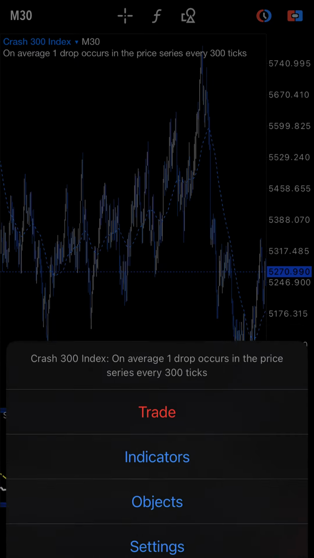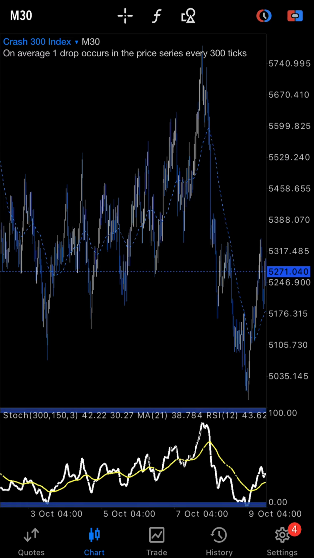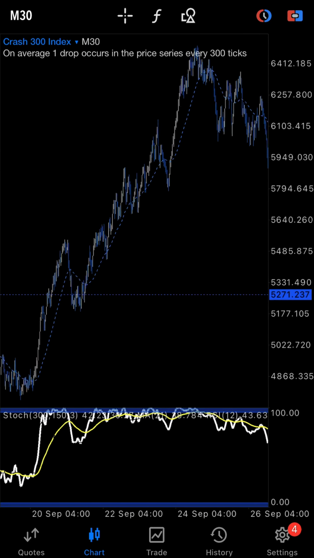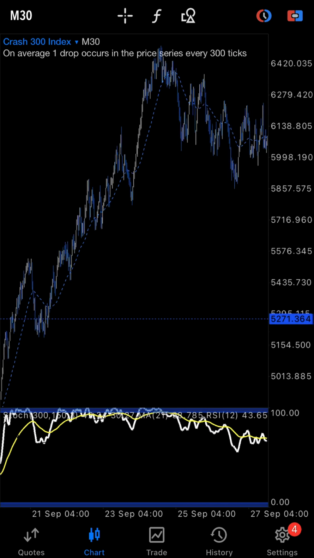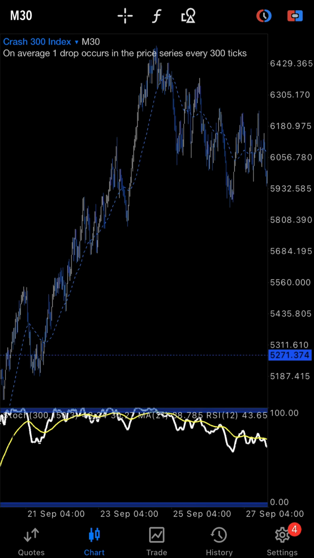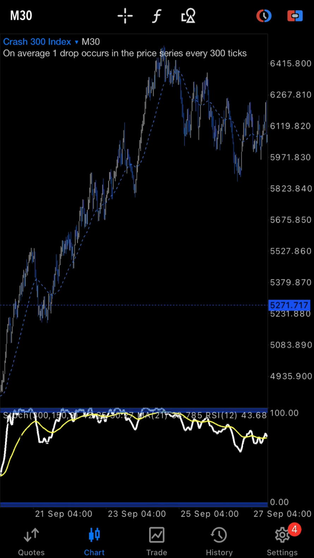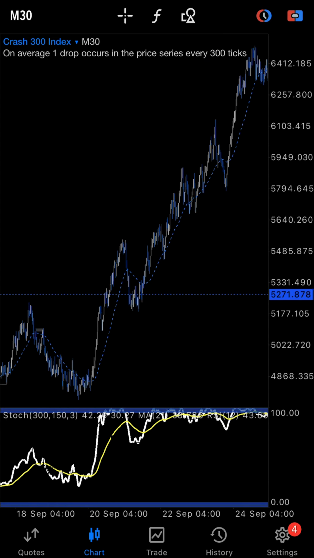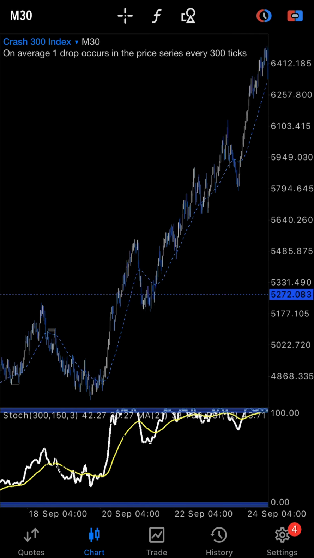Okay, now after setting the indicators, let's get to business, guys. All you need to look for is where the stochastic is trending at either the overbought or the oversold.